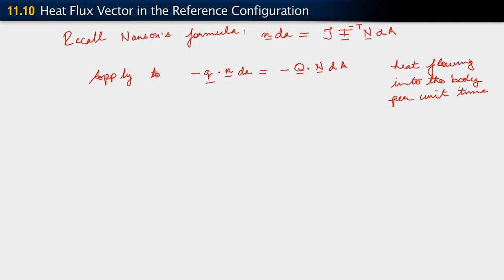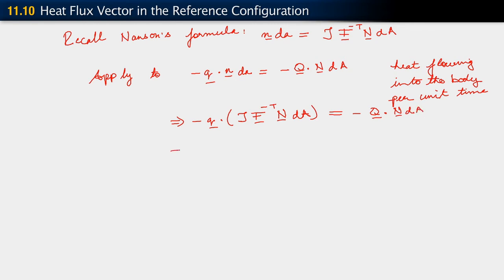Okay? So we get minus q dotted with J F inverse transpose N dA equals minus capital Q dot N dA.